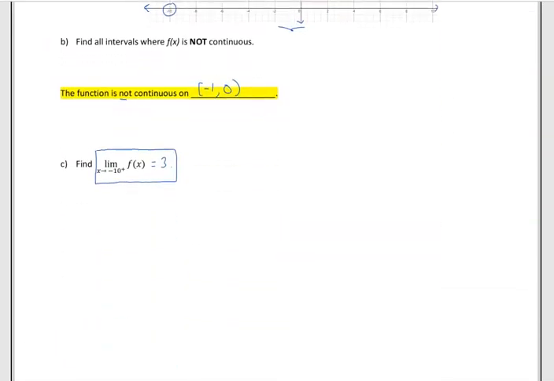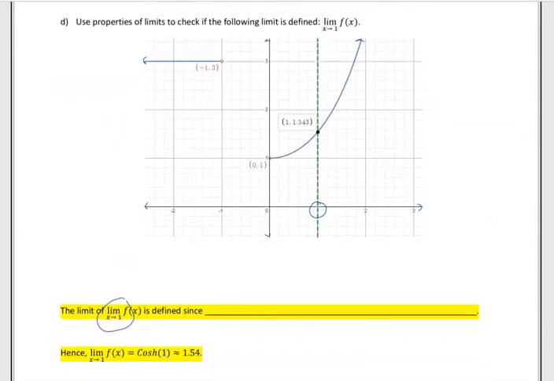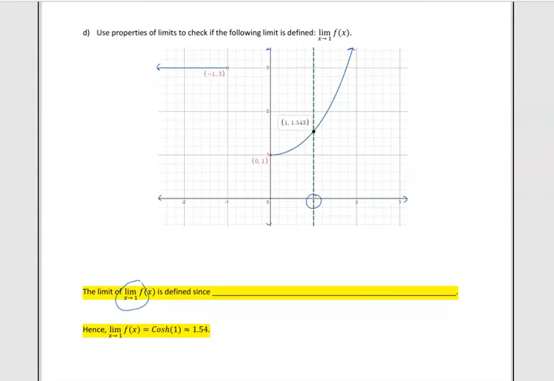In this situation, as you come from the positive side, as you approach 1, remember that this is x equal to 1, your function is going to approach 1.54, or the cosh of 1.